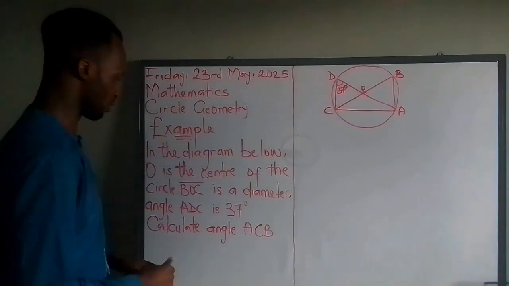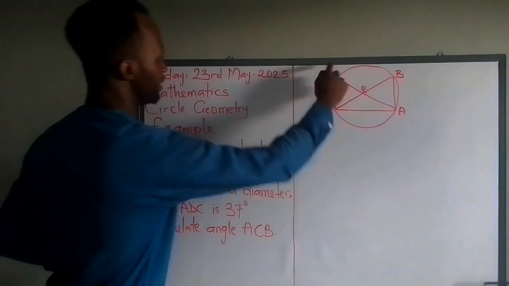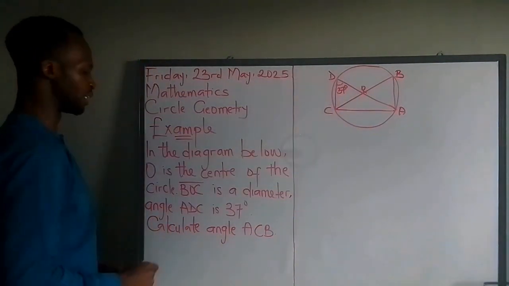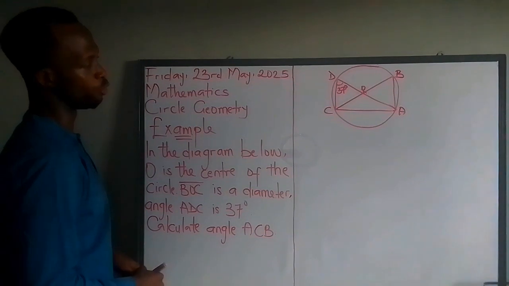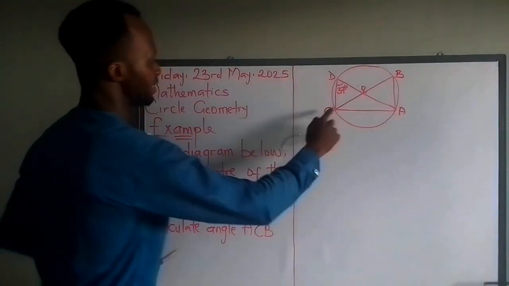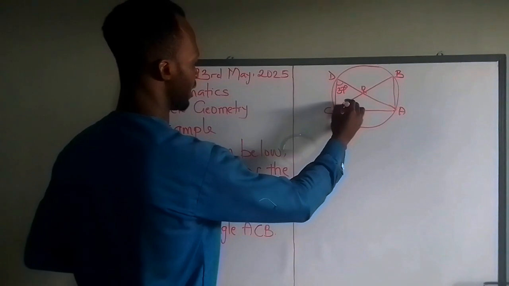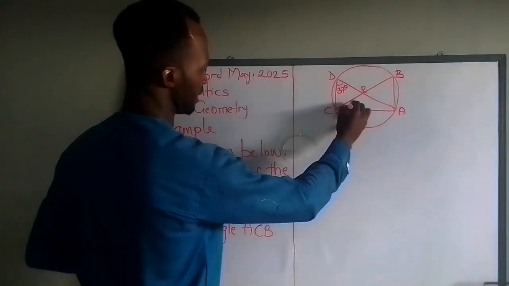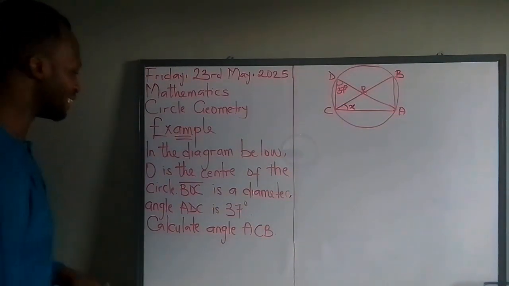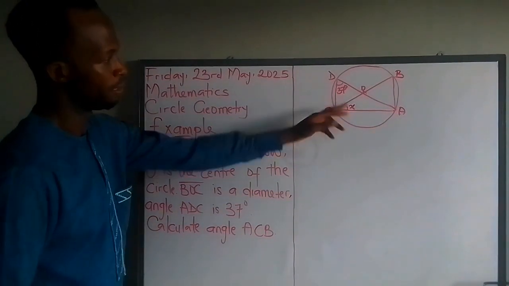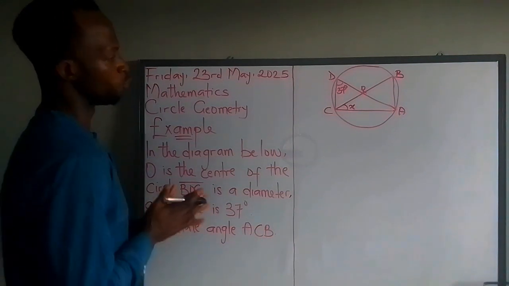So we have the angle here. Angle ADC is 37 degrees. So we have to calculate angle ACB. The angle here is what we are calculating. So let this be X. Let the angle ACB be X. Now, what do we notice?